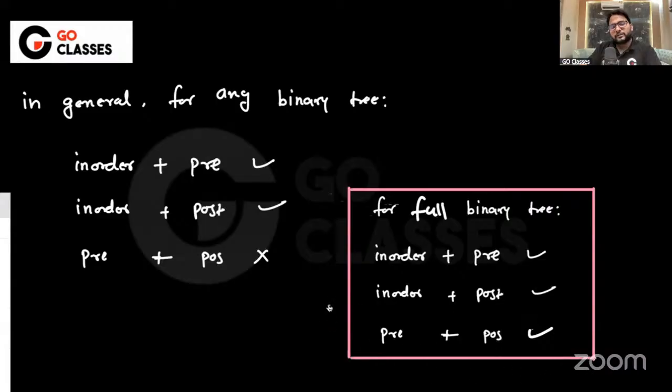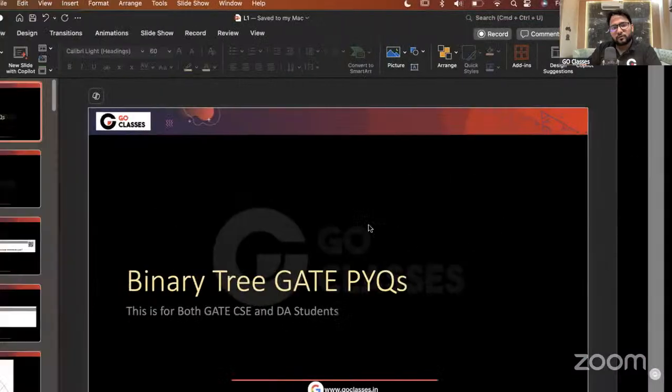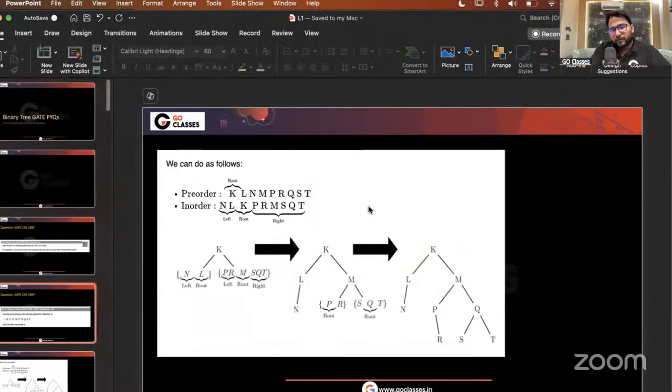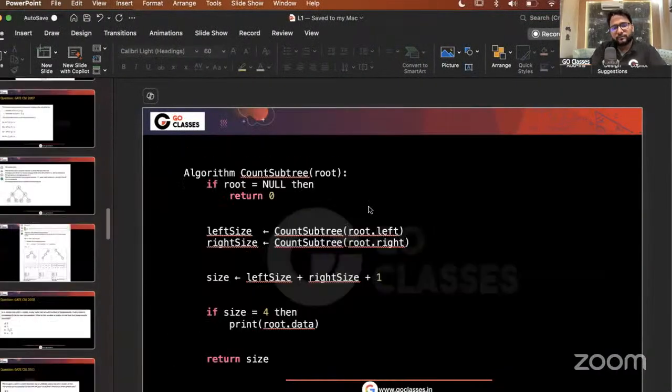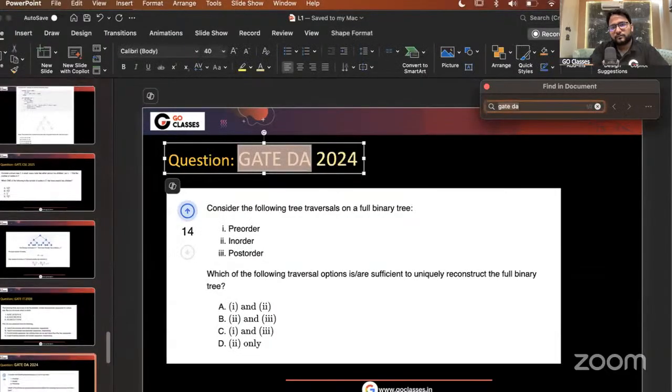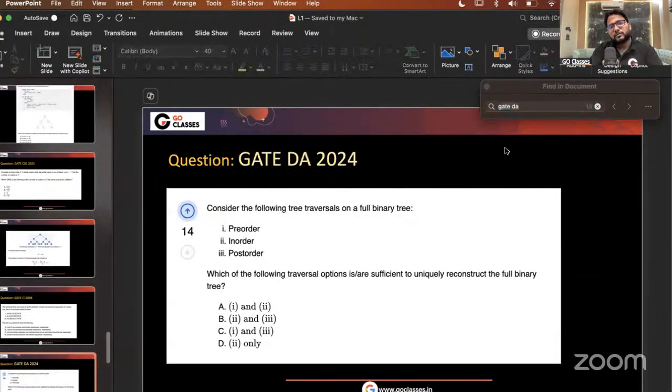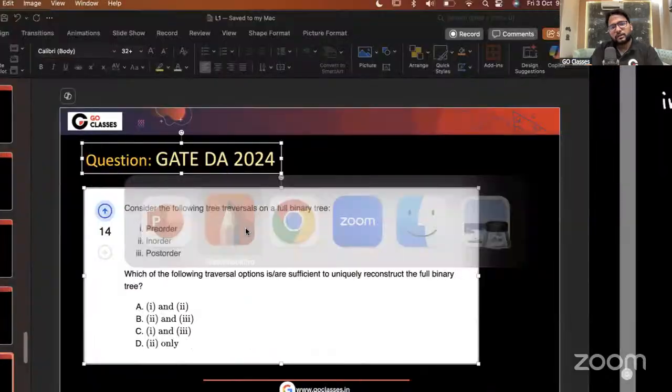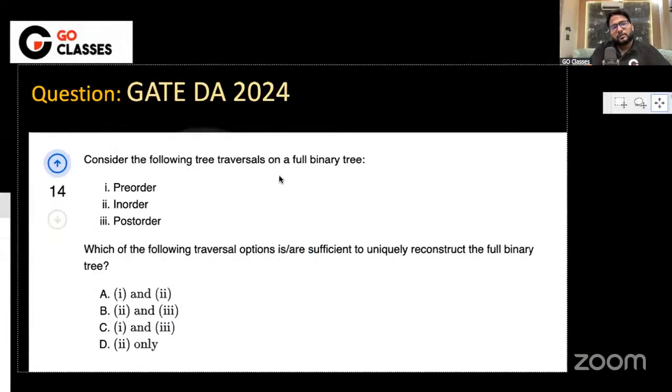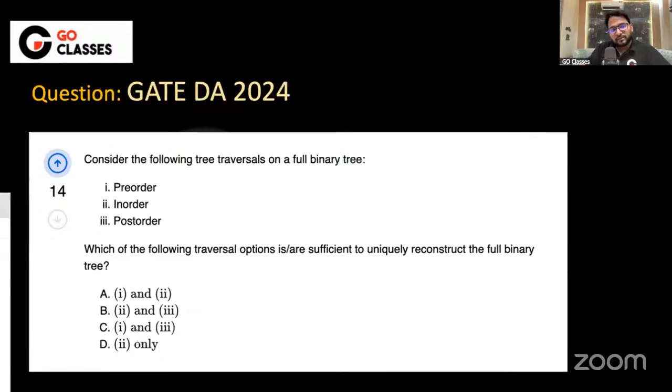So actually it has been asked in GATE DA. Let me just tell you. Maybe I will be having the slides. Yes, this is the question which they have asked in GATE DA 2024. They are saying, consider the following three traversals on the full binary tree.